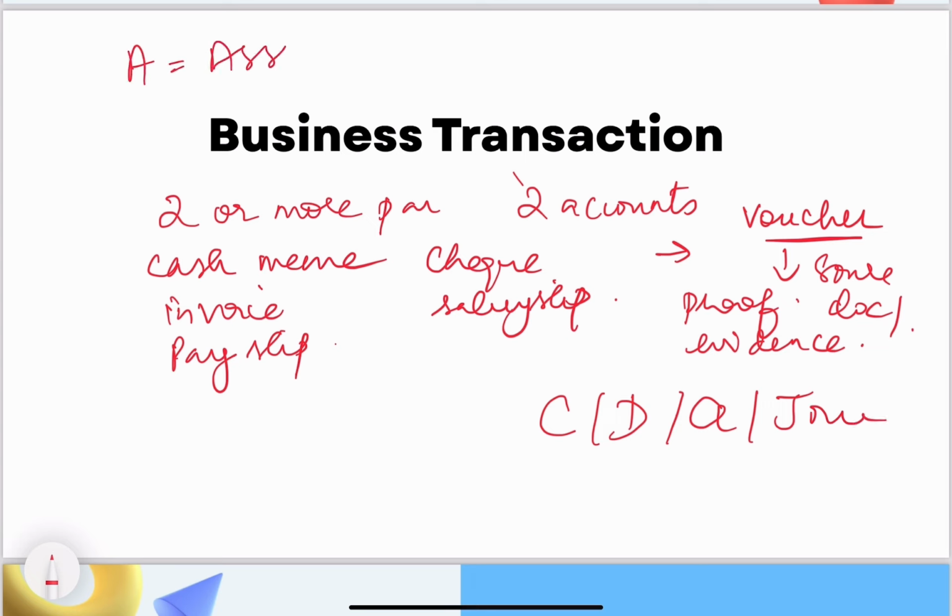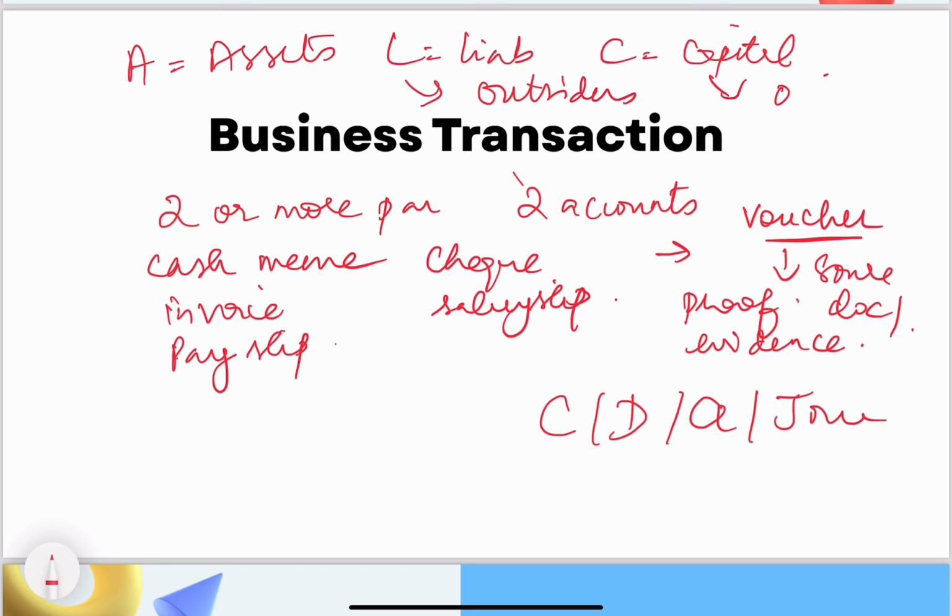And what is A? A means assets. L, liabilities. C, capital. Liabilities are the claims of outsiders, while capital is the claim of the owners. These are just the basics of what a business transaction is all about.